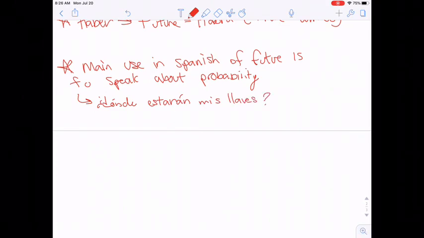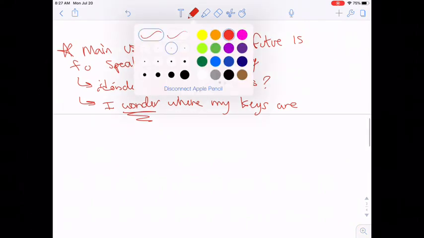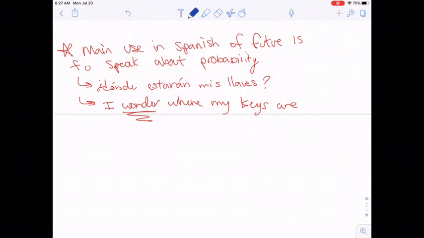I wonder where my keys are. So wonder, there's not a word for it in Spanish. Instead, we can use the future tense in order to be able to convey the wonder or the probability.